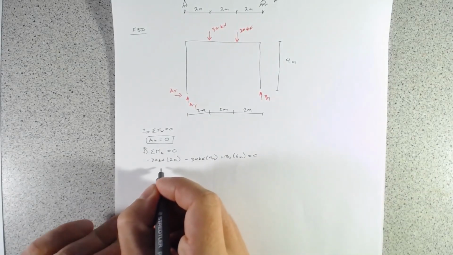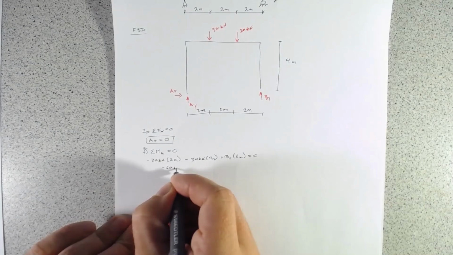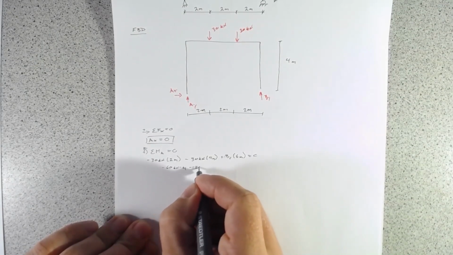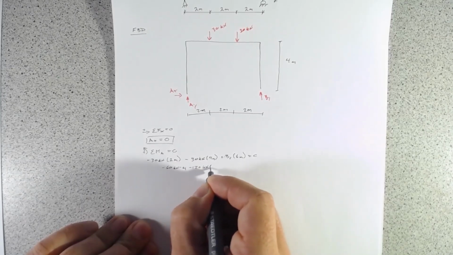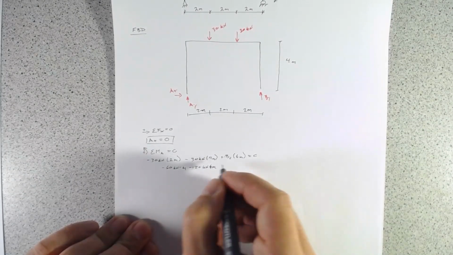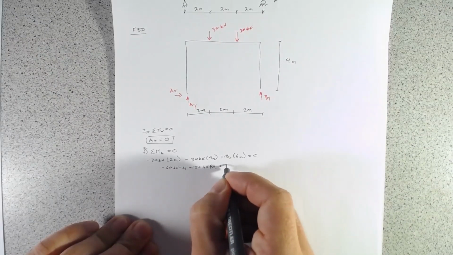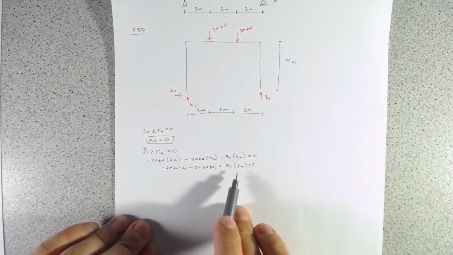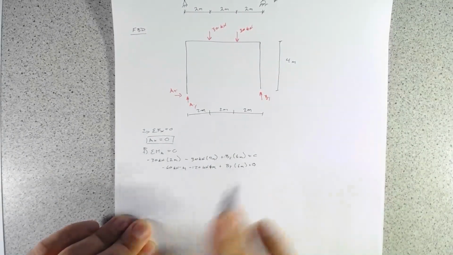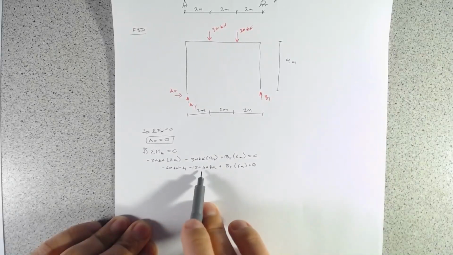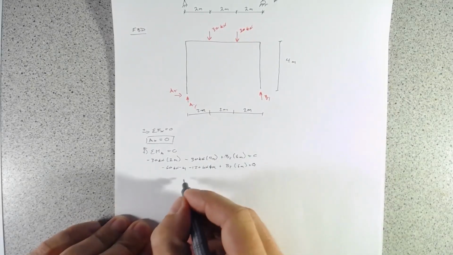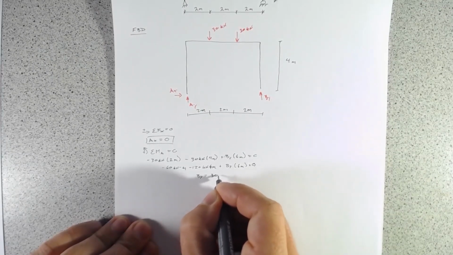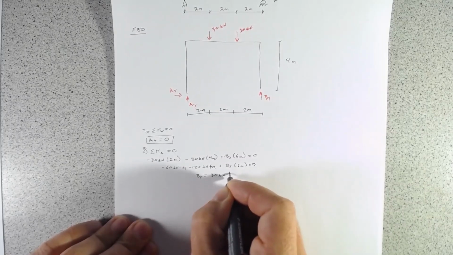Simplifying things down, we'll have a minus 60 kilonewton meters minus 120 kilonewton meters plus BY times 6 meters equals 0. If we put this to the other side, we have 180 kilonewton meters divided by 6 meters. We're going to end up with BY equals 30 kilonewtons pointing upwards.